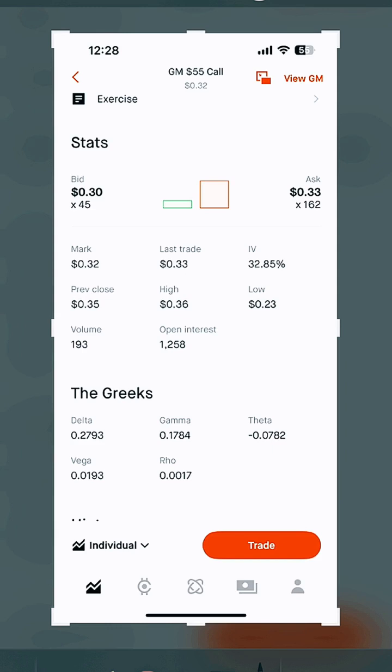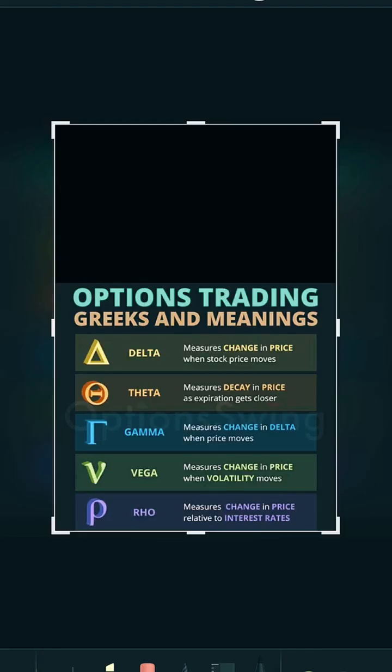All right, so you guys saw the delta, the theta, the gamma. The delta measures change in price when the stock price moves. I'm going to give you an example. Let's say Apple is at $100 and you enter a call, and that contract was $80.